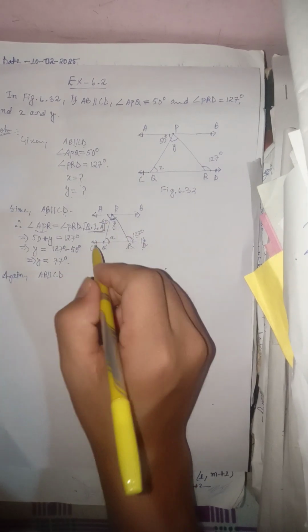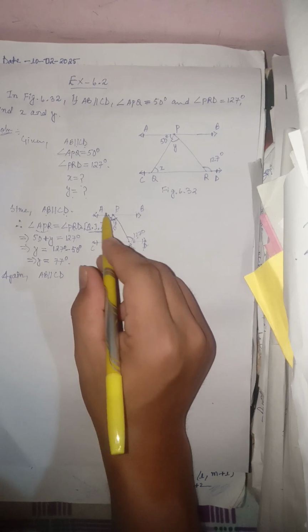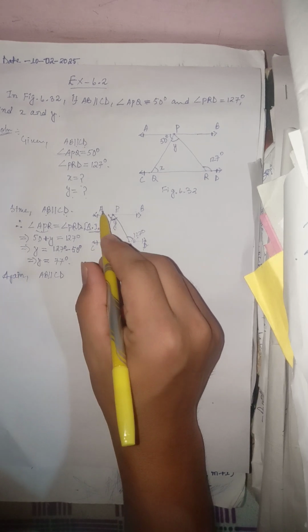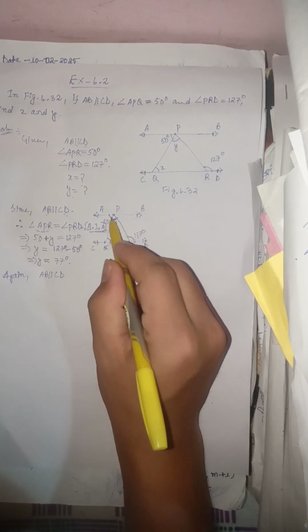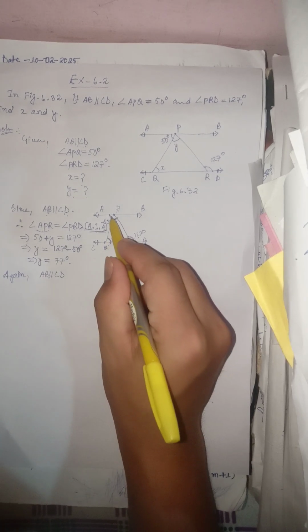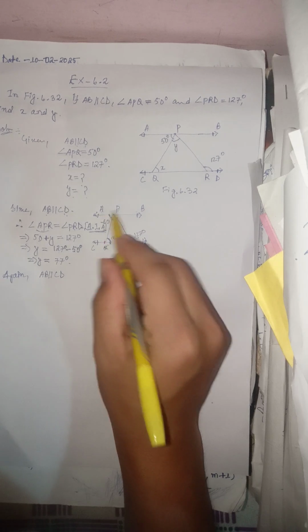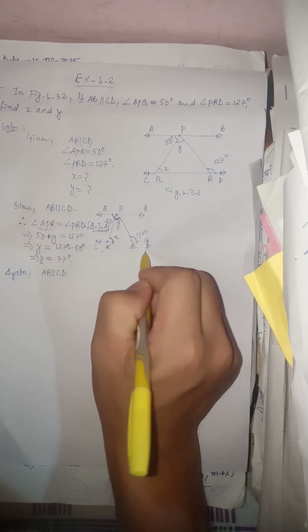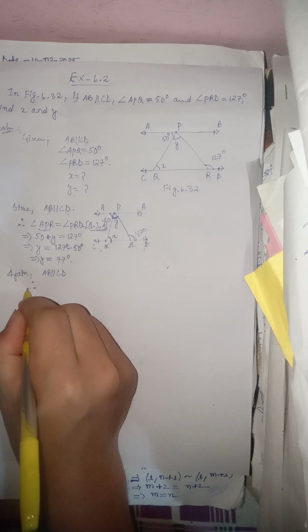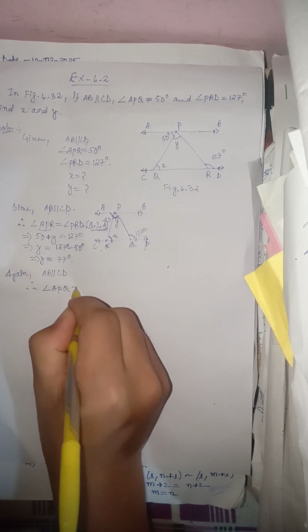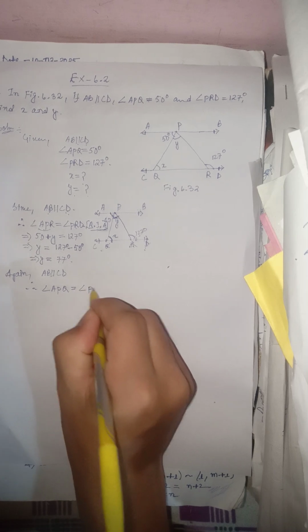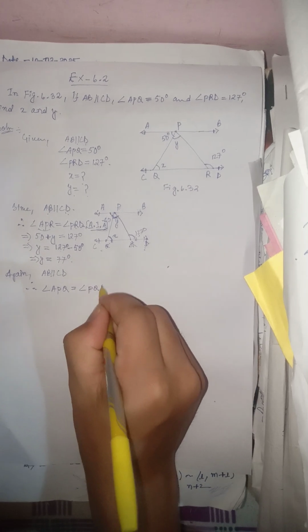As we can see from here, there are two angles: one is APQ and the other is PQR. These are the two alternate interior angles, and AB and CD are parallel to each other. Thus, these two angles should be equal, which is angle APQ equal to angle PQR.